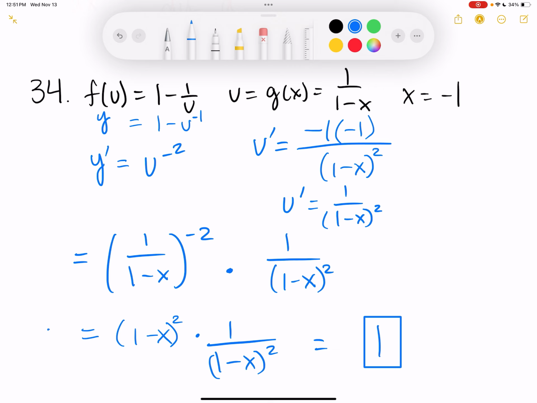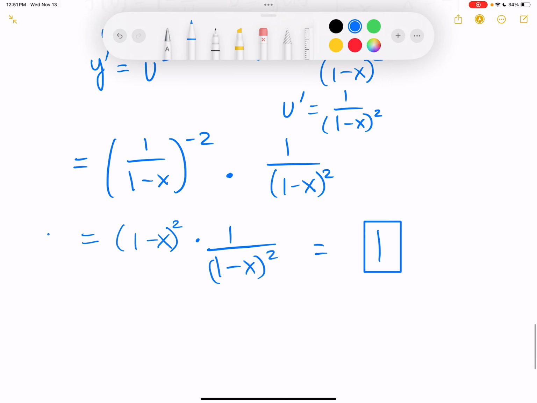We did it. So at least it's something equal to 1. And the x value that they give you is only really relevant if we get to the end and still have an x left. Then we would plug it in to get the final number. So in this case, we didn't need it, but in some of them you will.